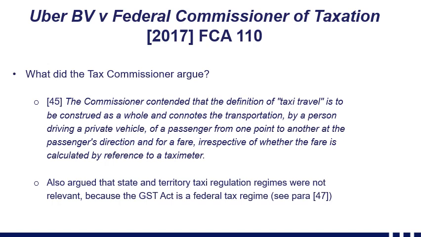So you're moving a person from A to B for money, and that's irrespective of whether the fare is calculated by reference to a taxi meter or prepaid or whatever. And some of those taxis now prepaid, so that's not uncommon, is it?